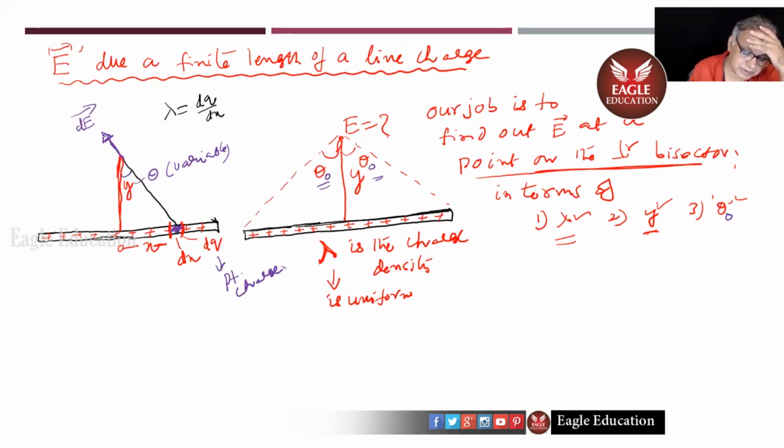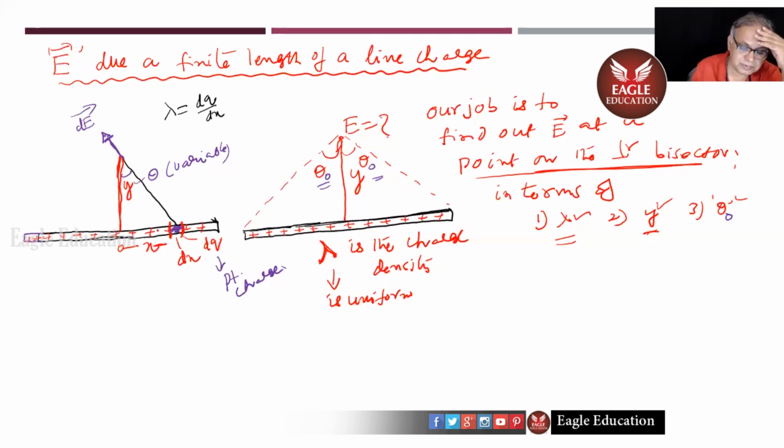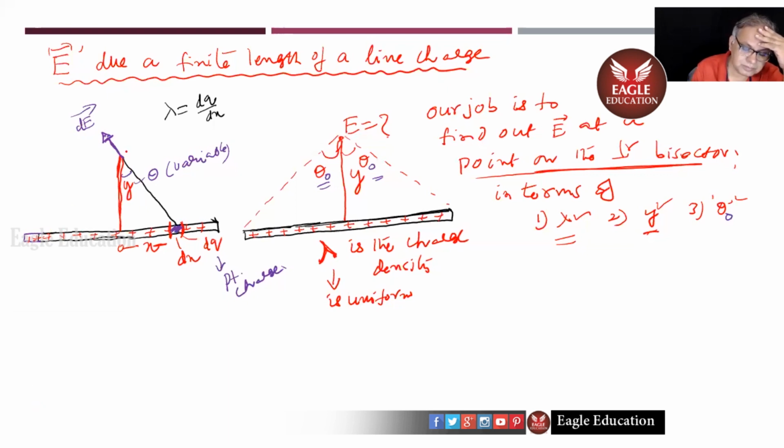Similarly, take exactly the opposite element here. There is one more dE there, due to the symmetrically opposite element on the other side.